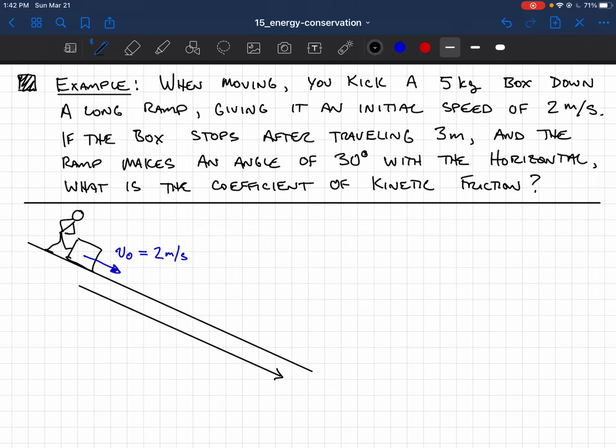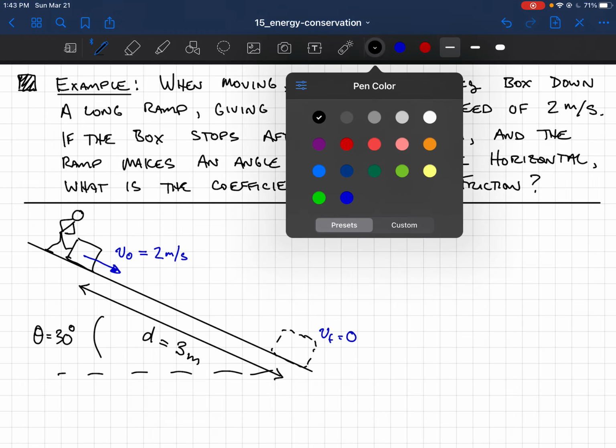So let's label that distance. So down here, it's going to have a final velocity of 0, because we're told that it stops at some moment. And what else do we have here? Well, the ramp makes an angle of 30 degrees. And anything else?